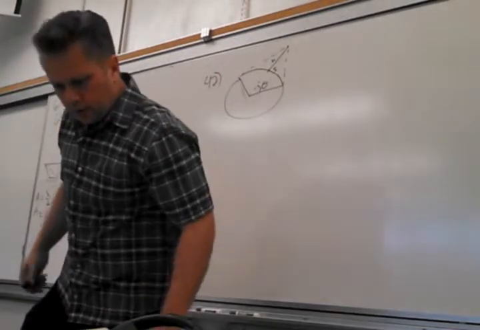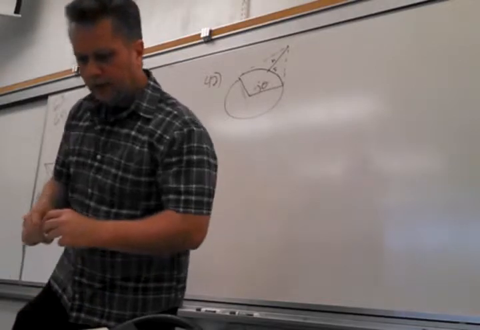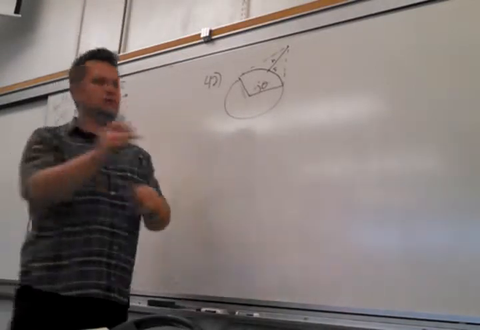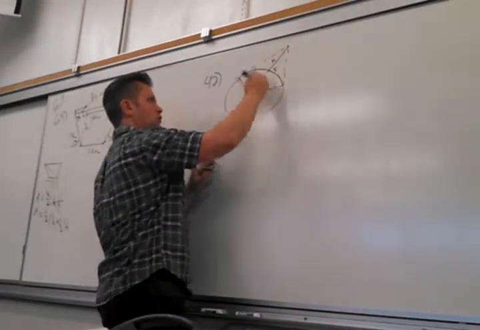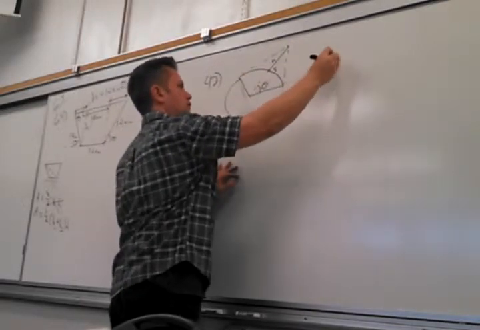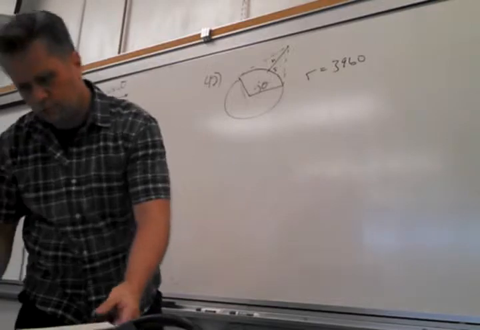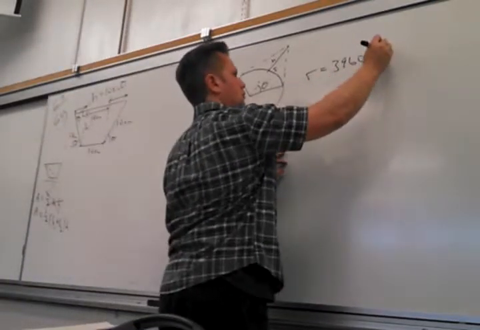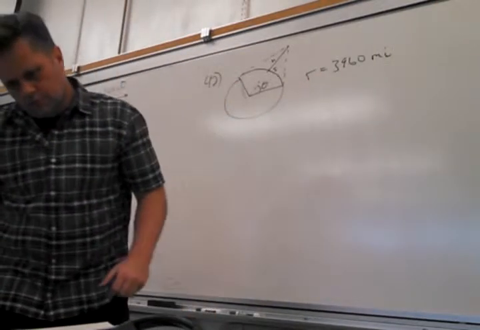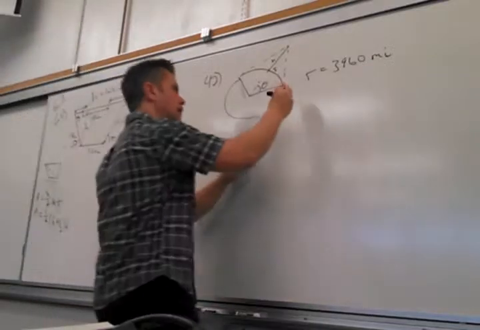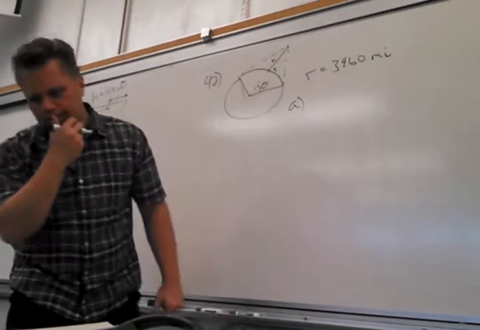They tell me, thankfully, the radius of the Earth, which is helpful, because that helps me figure out what this whole length is here, right? So the radius of the Earth, 3960 miles. They kind of step you through this.